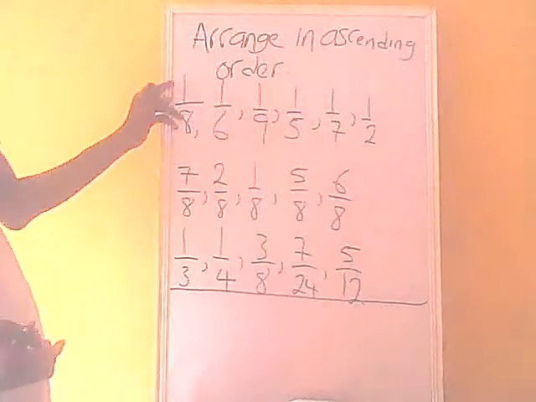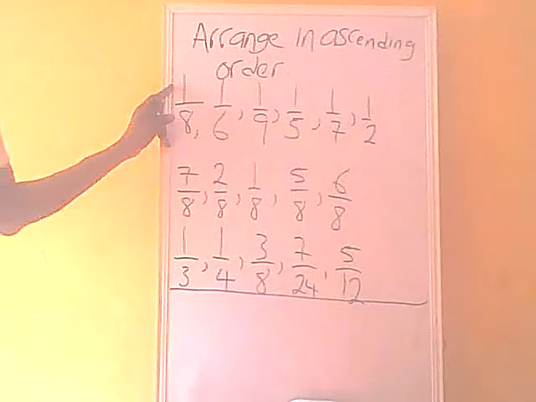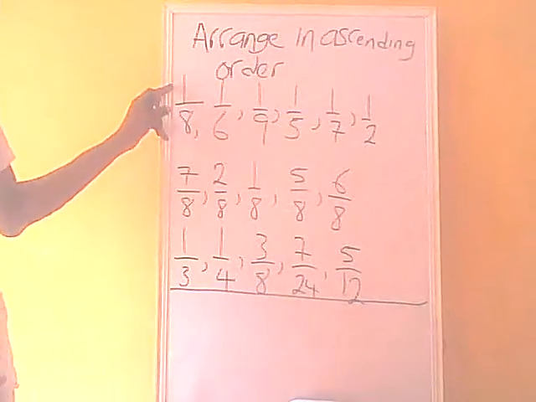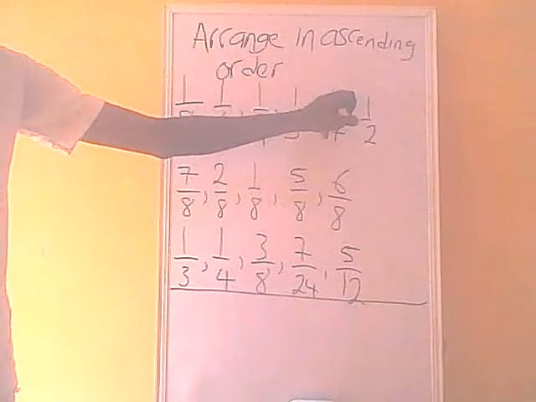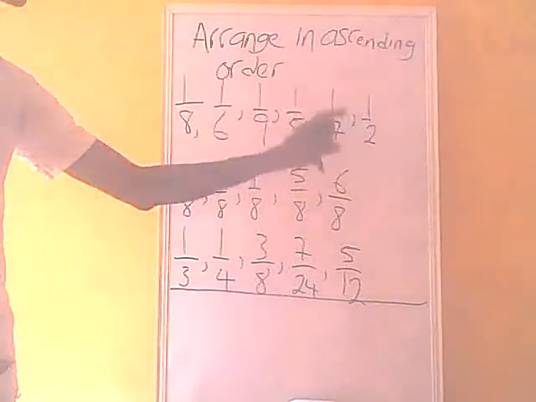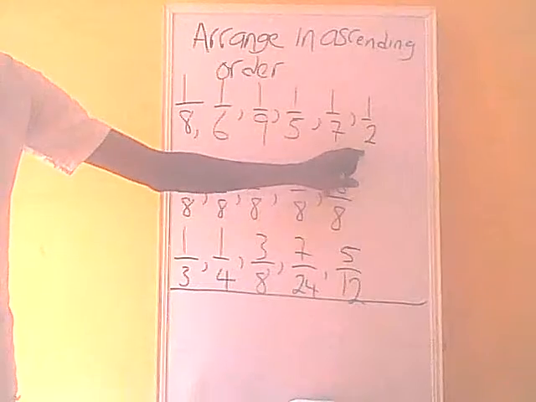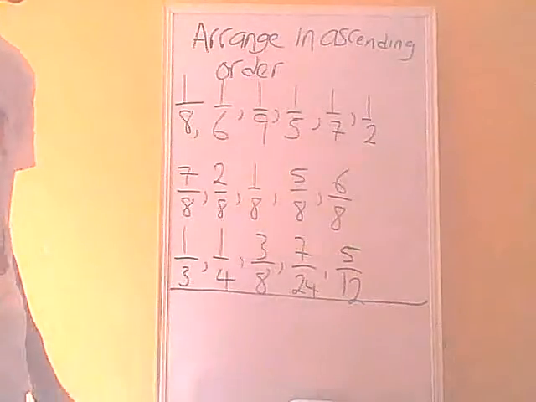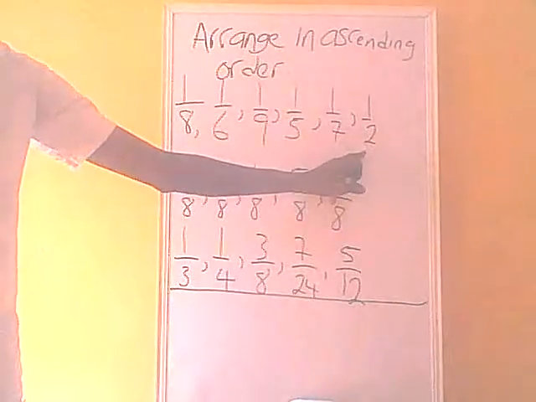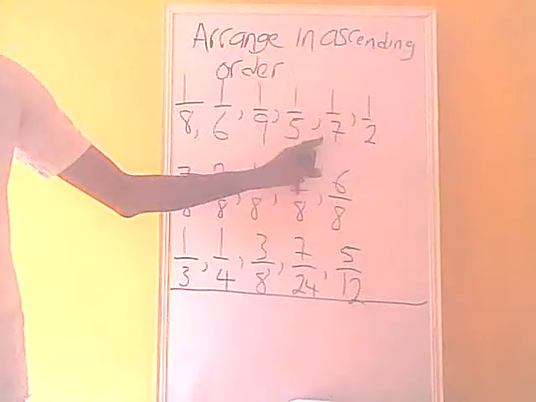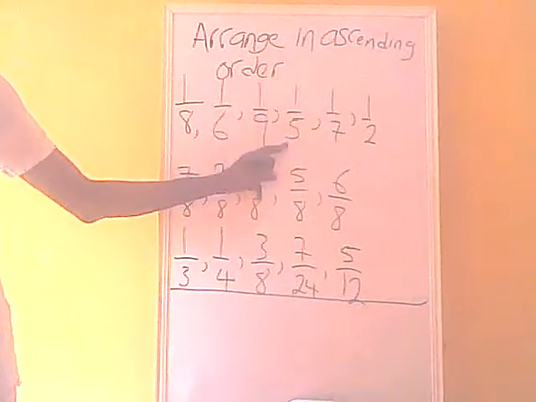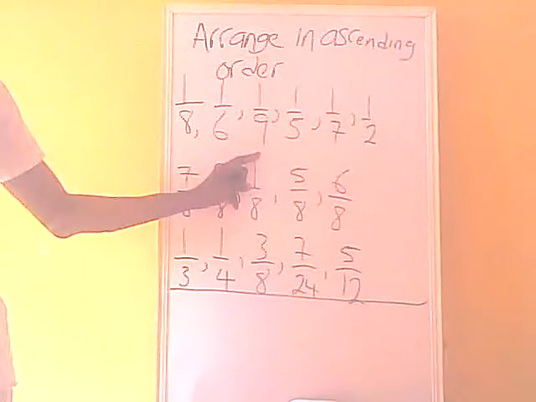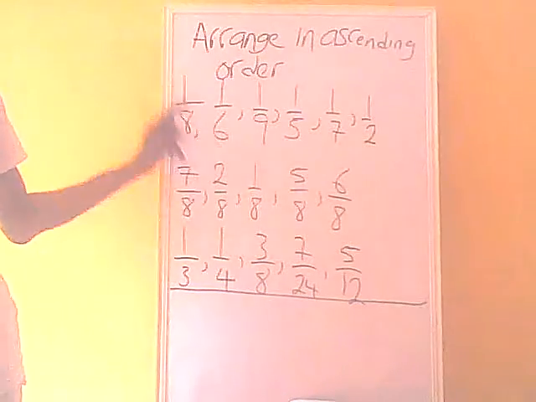So I'm going to be ordering this fraction now, and I told us that when they have the same numerator, the one with the smallest denominator is the biggest fraction. How? 1 pizza for 2, 1 pizza for 7, 1 pizza for 5, 1 pizza for 9, 1 pizza for 6, and 1 pizza for 8.